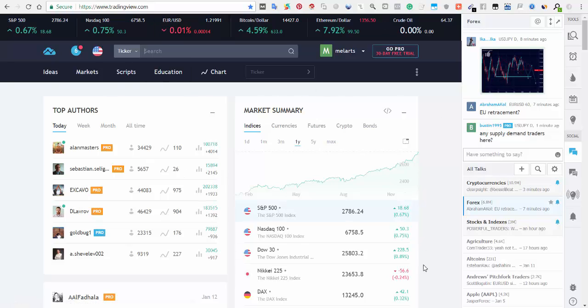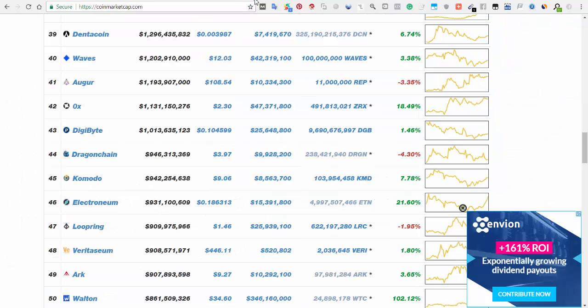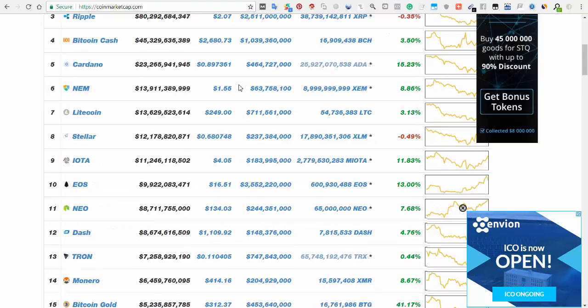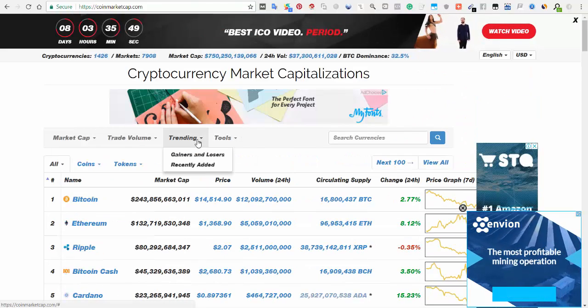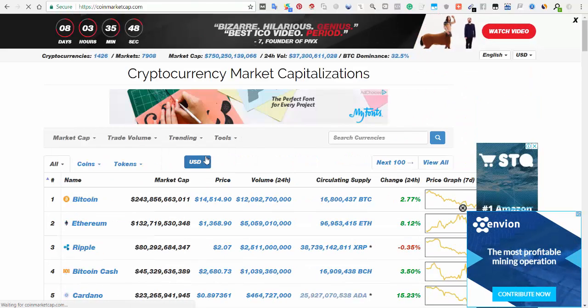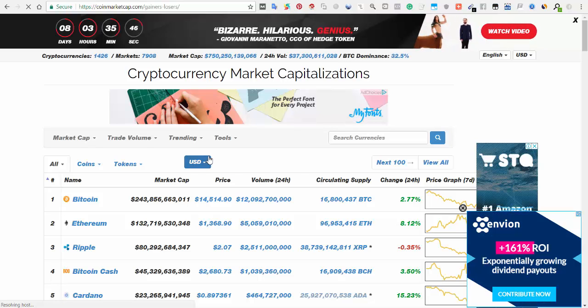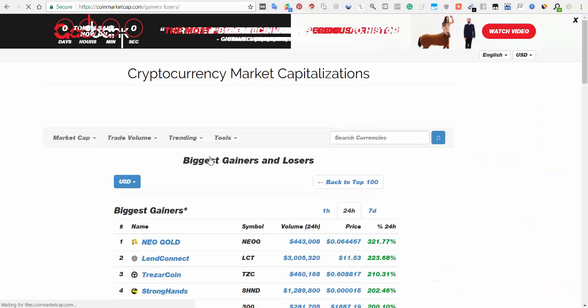Another thing you want to do, because you want to day trade and pull out daily, is go to CoinMarketCap, go to trending, go to gainers and losers for the day. Within the last 24 hours, you're able to see gainers and losers.